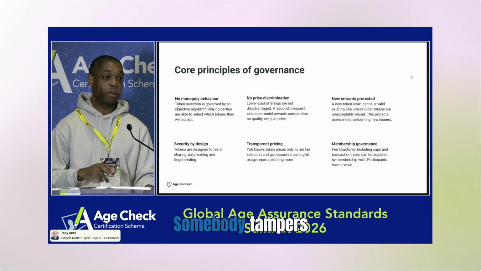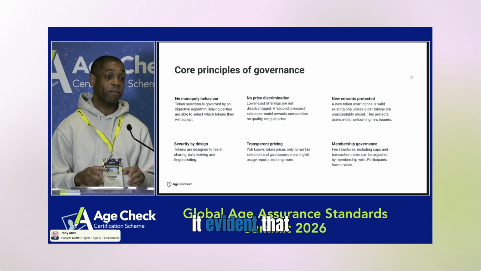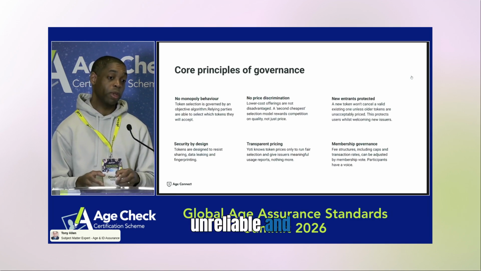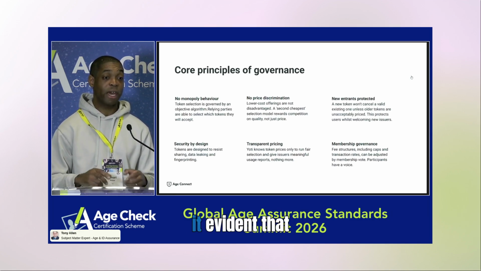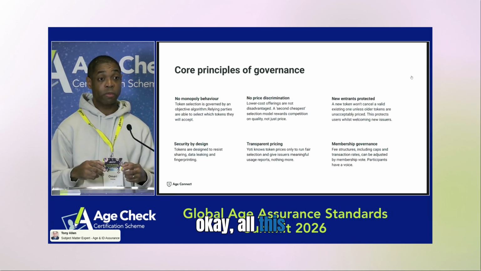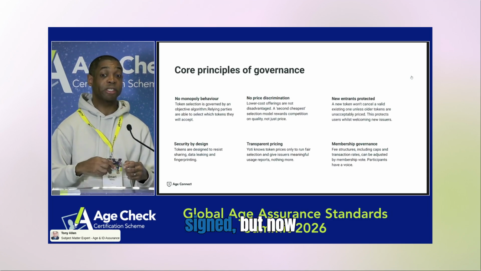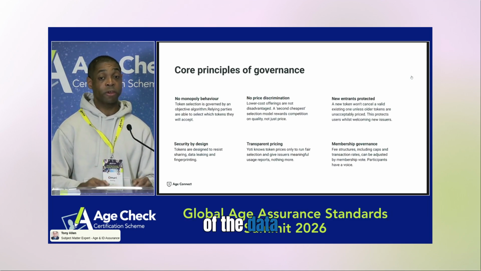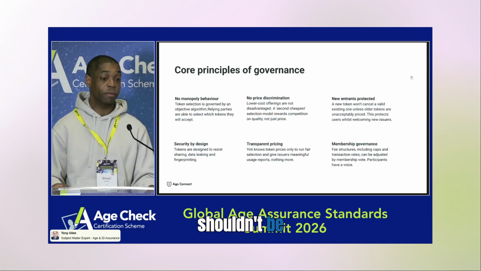So if somebody tampers with the token, we try to make it evident that that token has been manipulated in a way that makes it unreliable. And same if that token has been shared, we try to make it evident that the token has been shared so a platform can understand, okay, this token is legitimate, it's been signed, but now it looks like somebody else has used it or somebody else has changed some of the data within that token. Perhaps I shouldn't be trusting this token.